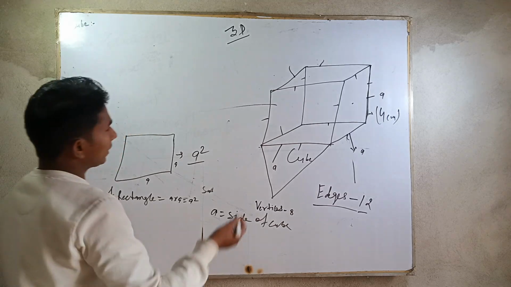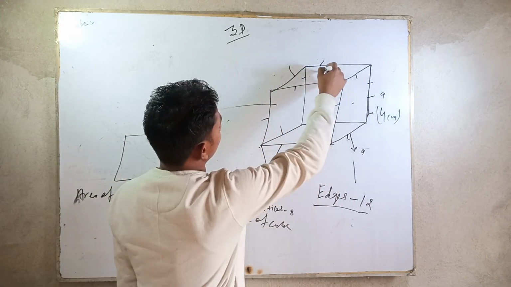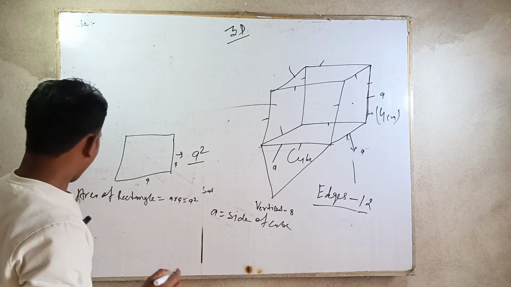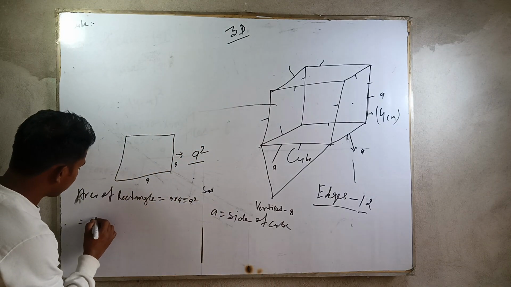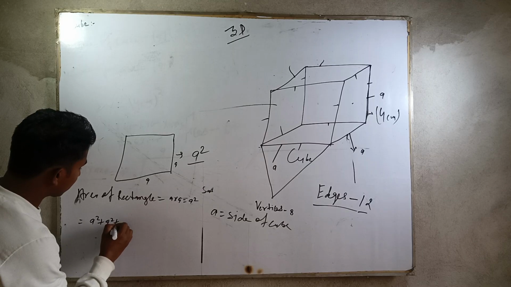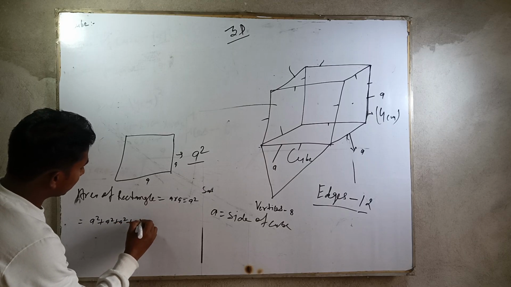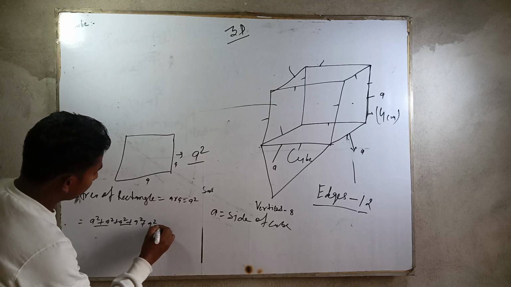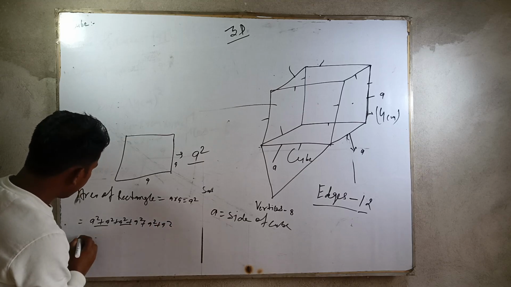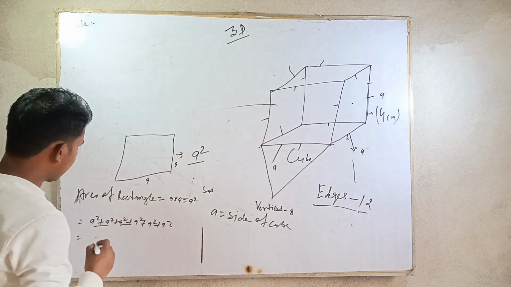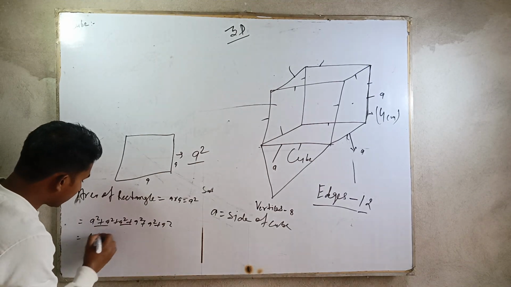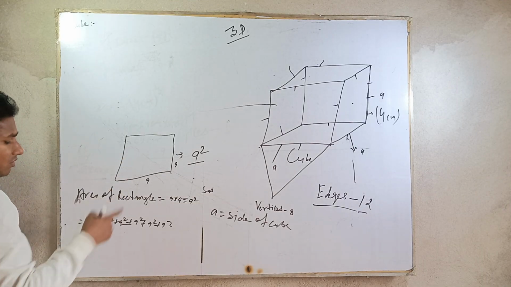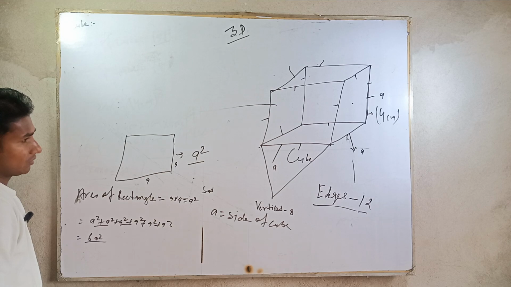If there are six faces, I will find the six faces' value: a square plus a square plus a square plus a square plus a square plus a square. That means if I have 6 faces, I add them, and the total surface area of the cube will be 6a square.